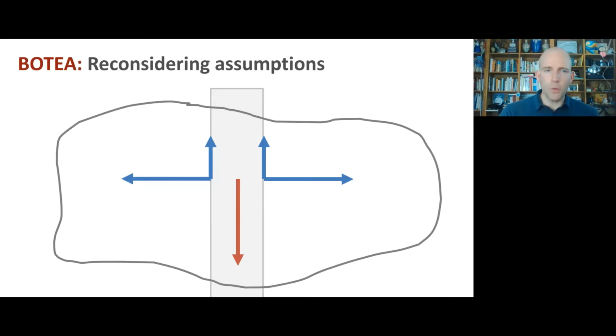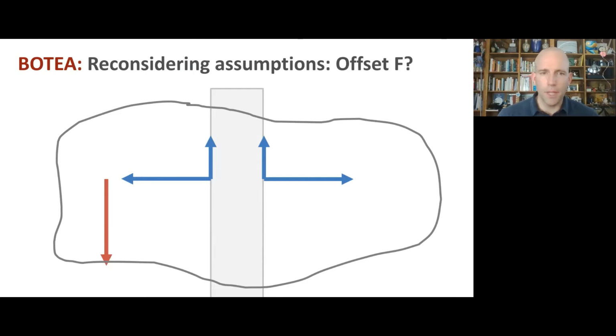So looking at this one, we can sort of think about what are the big basic assumptions that we've made here. And one of them is that it would be good to have this payload force centered on the door. Well, what if we break that assumption, we violate that assumption? What happens?